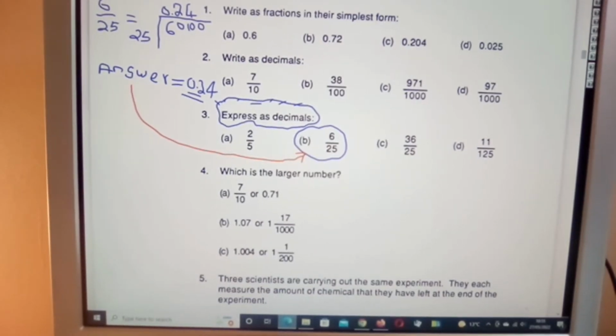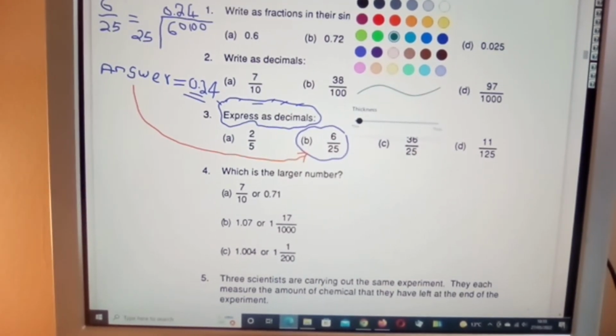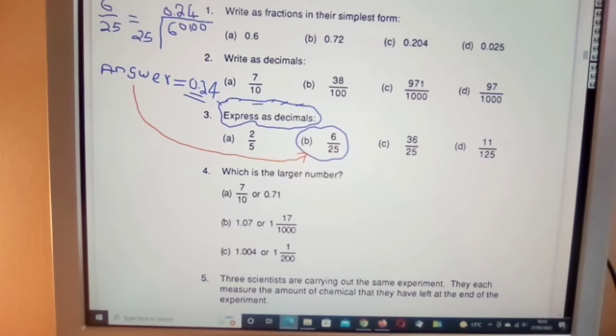Okay, and let me just get my pen, and I'm going to change colors. Let's go for a strong green. Well, I think it's a strong green. And close my palette, and we're going to be on this one now, okay? Yes, it's a strong green.